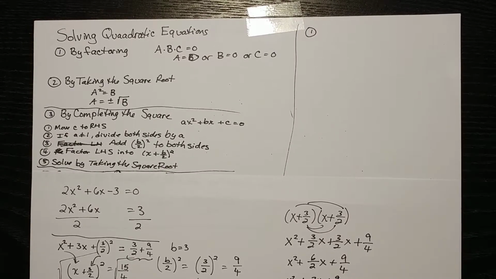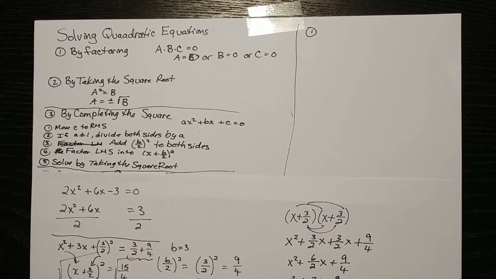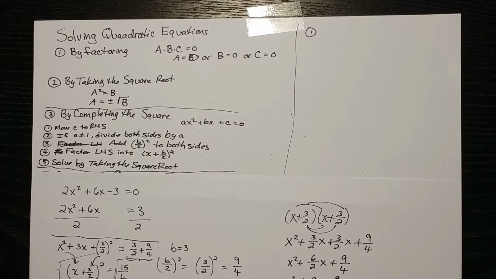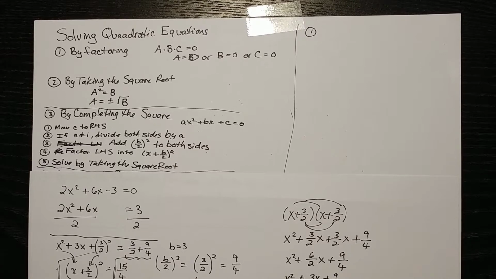I'm still solving for x. I need to subtract 3 halves from both sides. So this is equal to negative 3 halves plus or minus the square root of 15 over 2. Negative 3 halves plus the square root of 15 over 2. Negative 3 halves minus the square root of 15 over 2.